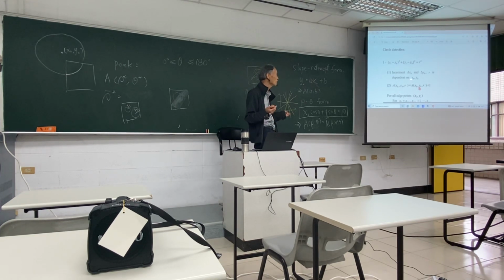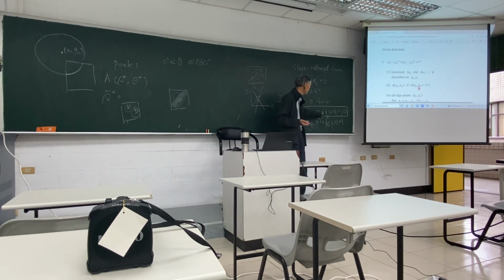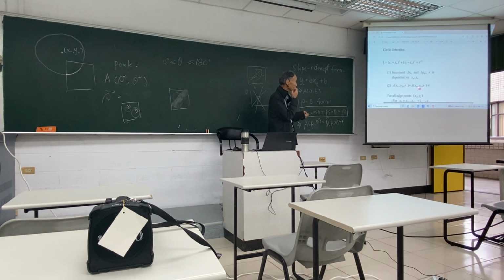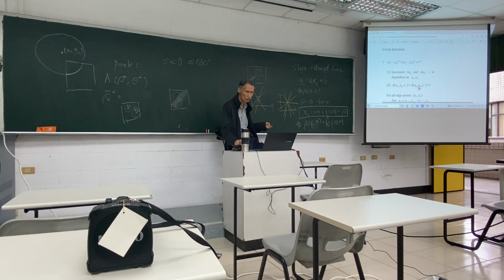Once you find an edge point that fits this circle with parameters x0, y0, and radius, then we accumulate, or we vote for one. That's it. The idea is exactly the same as line detection.